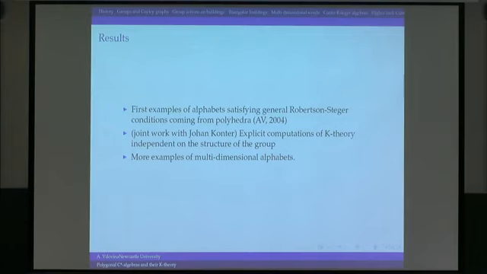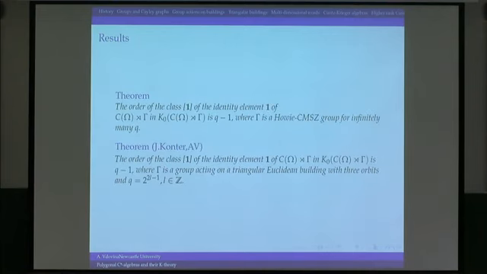But then, Robertson and Steger had a lot of results of K-theory computation, but sometimes it was really computer assisted, because of course all those computations become very, very messy. But then for some mysterious reasons, sometimes it turns out that your K-theoretical results don't depend on the structure of the group anymore.